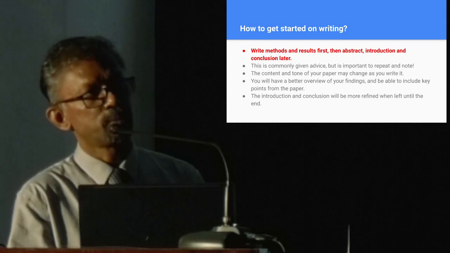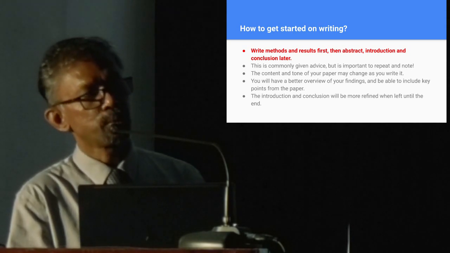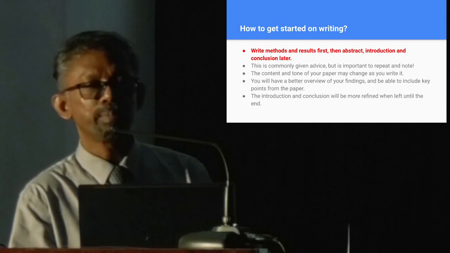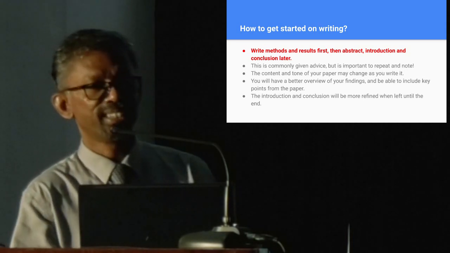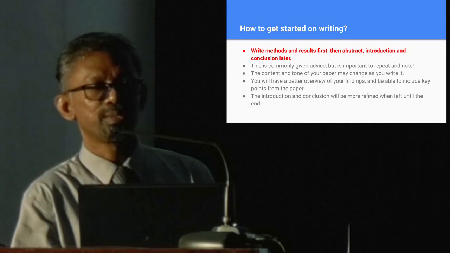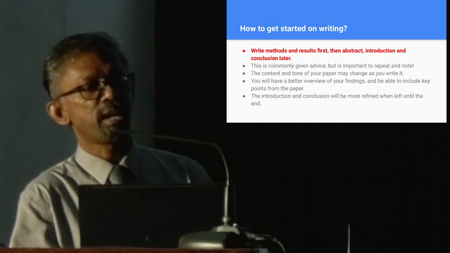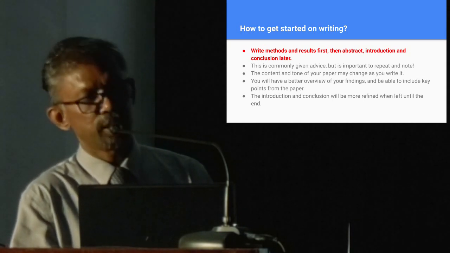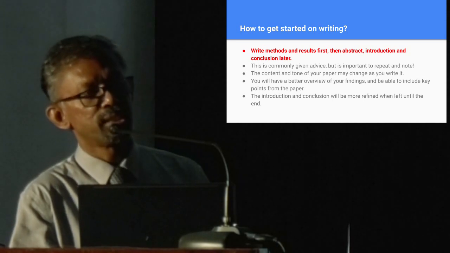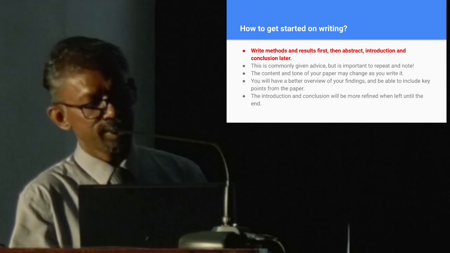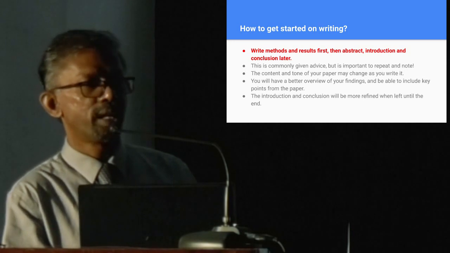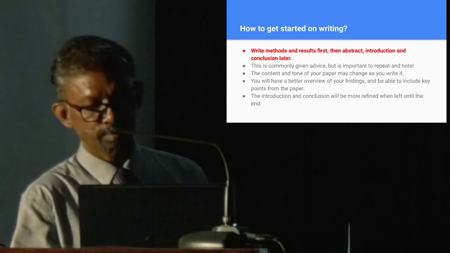So be ready for that also. Okay, so when you are writing a paper, don't try to make it perfect the first time. It is important to get a first draft and then improve it. So we should get ready for multiple drafts until we get the final paper.